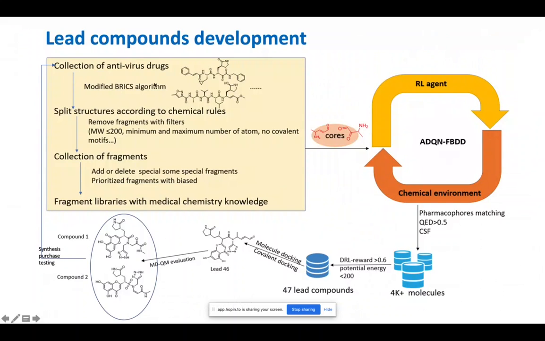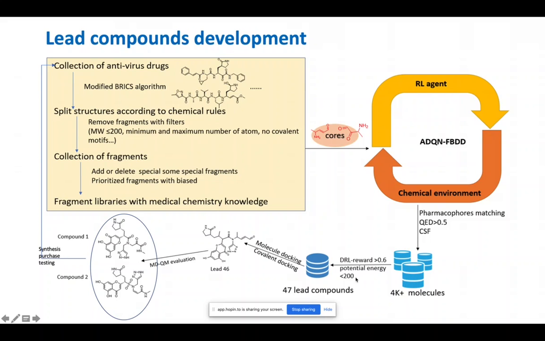And then the idea is that we have these initial molecules, we break them into small fragments. In our case, each fragment is less than 200 Dalton, so it's not too big. And then we can recombine these fragments through this library we generate by this reinforcement learning. And then we generate chemical molecules as candidates.